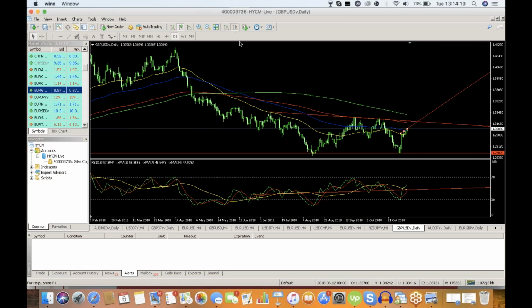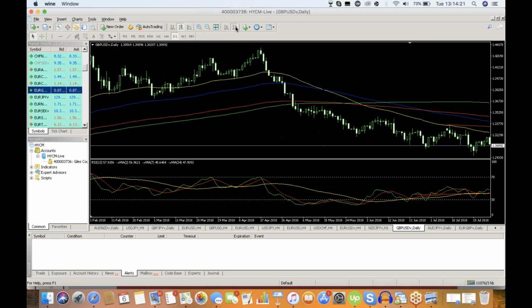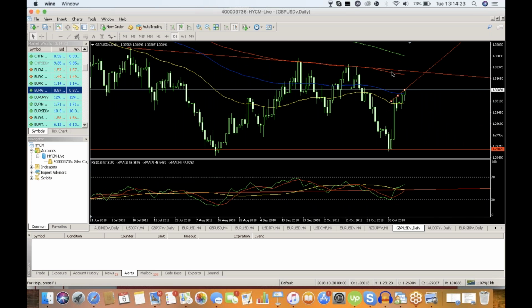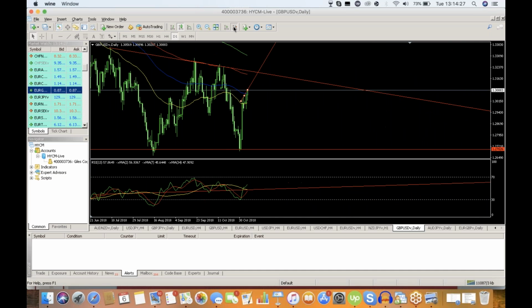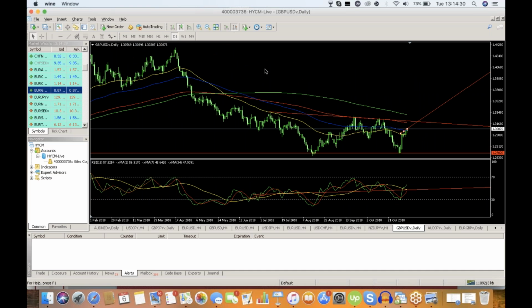So the key aspect to understand about these exponential and simple moving averages is to do with speed of responding to price. Okay, so if you look at the daily chart here, we can see that the 200 moving average was respected here, here, and here, those last three places.